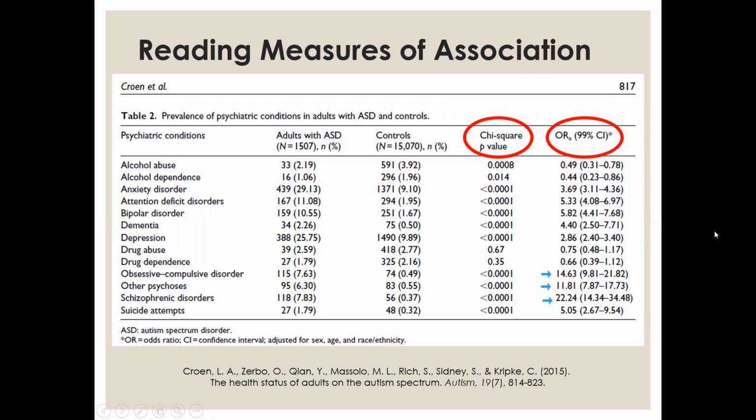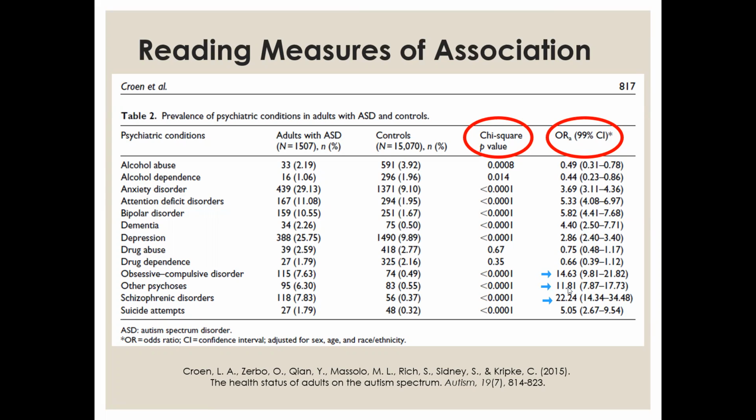Look at these 3. So what this is saying, if you interpret it, is that if you are an adult with ASD, you are almost 15 times as likely as the control to have OCD. You're almost 12 times as likely to have other psychoses.